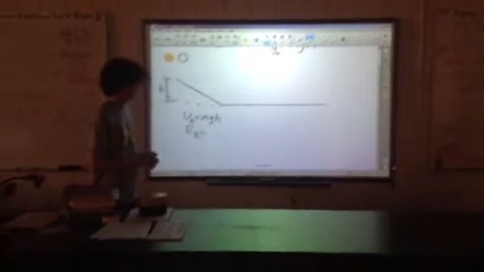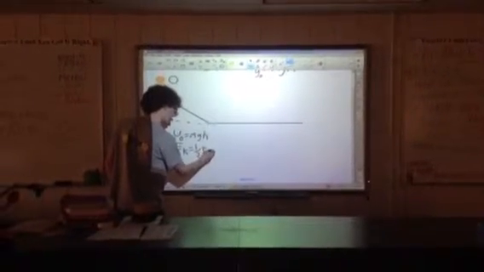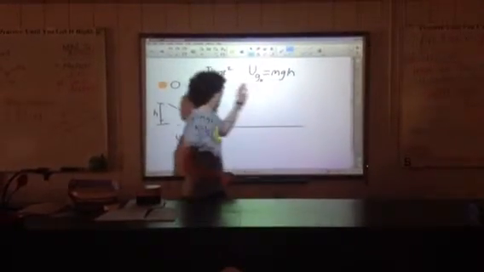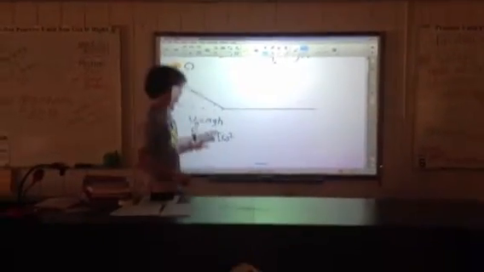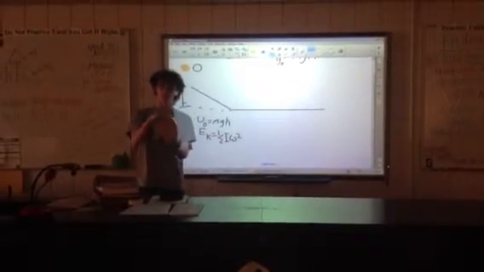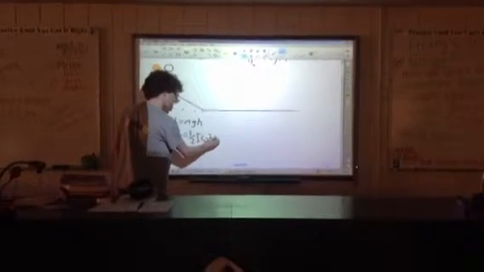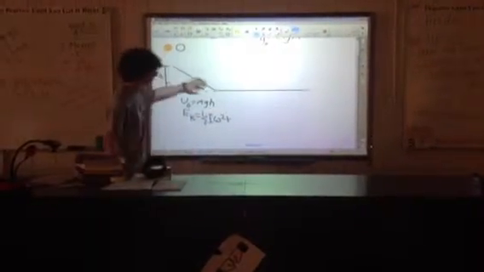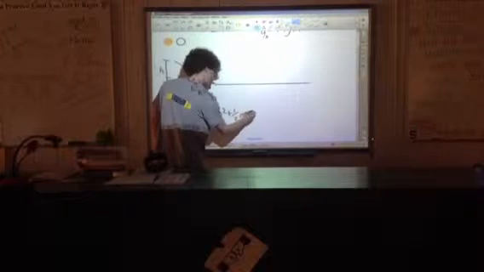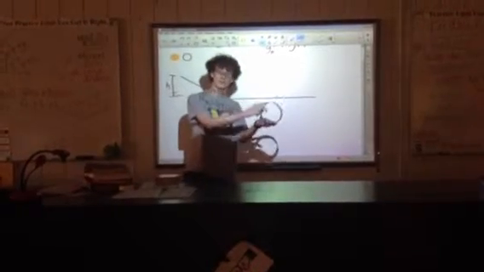Rotational kinetic energy is given by 1/2 I omega squared, where I is the moment of inertia, mr squared, and omega is the angular velocity, the velocity of a point in radians per second as the disk rotates. The translational kinetic energy, or the energy of it moving down this incline, is given by 1/2 mv squared, m being the mass of the entire disk, and v being the velocity as it moves.